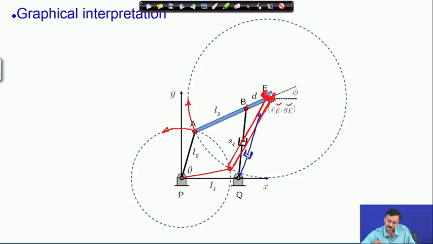So, here I have drawn it in blue. So, this red blue configuration that I have drawn is the second configuration or the second solution for the inverse kinematics problem.